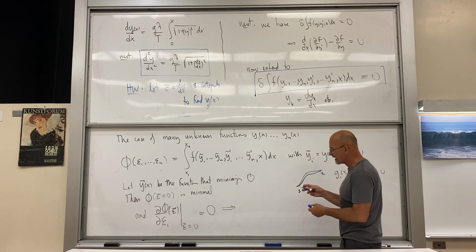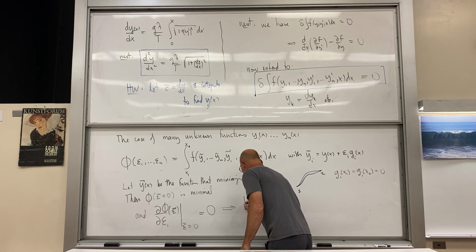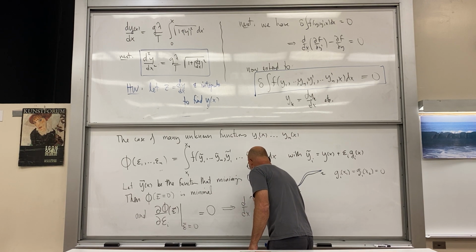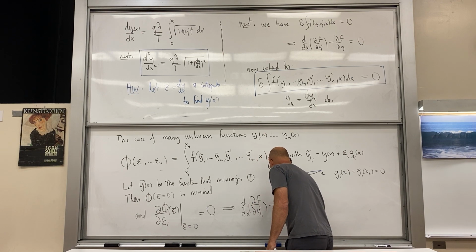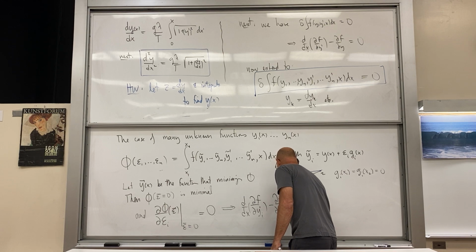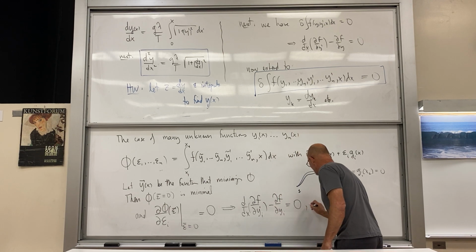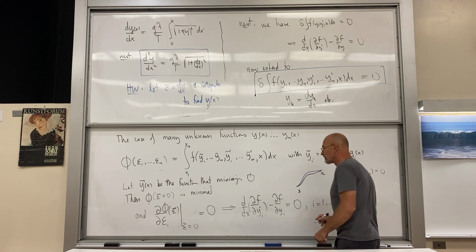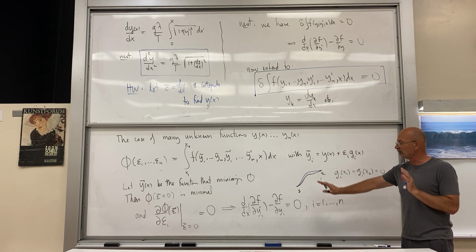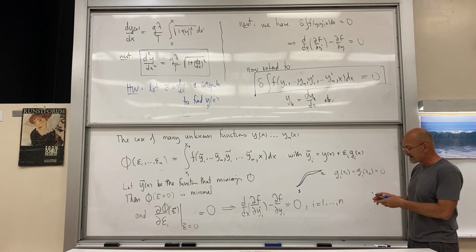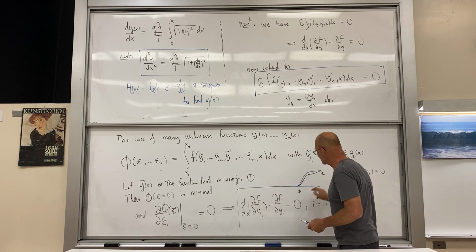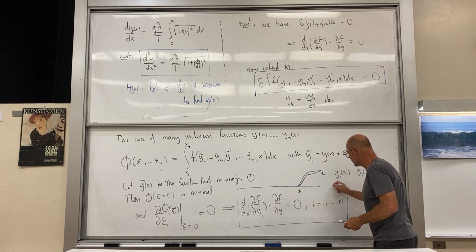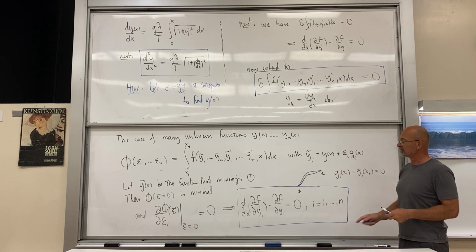Same calculation as last time, and I can write down d dx of partial f partial y sub I prime minus partial f partial y sub I equals 0, I equals 1 to n. How great is that? The first time we did the calculation is all we actually had to do. Now we have a system of n differential equations that we have to solve in order to solve our problem, minimizing this thing.